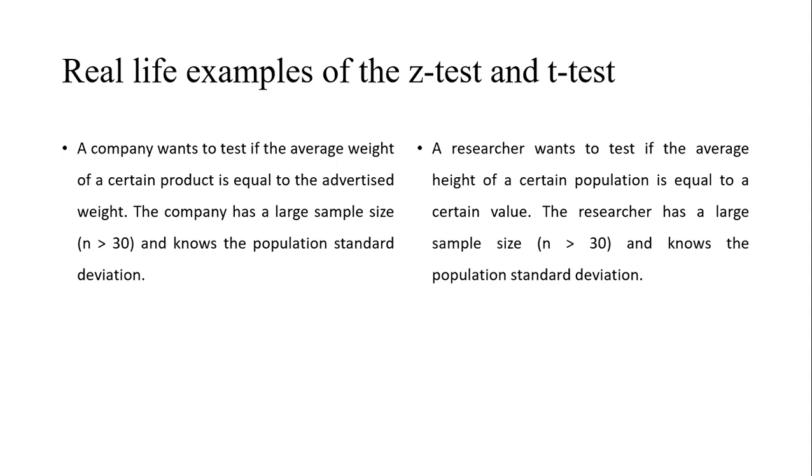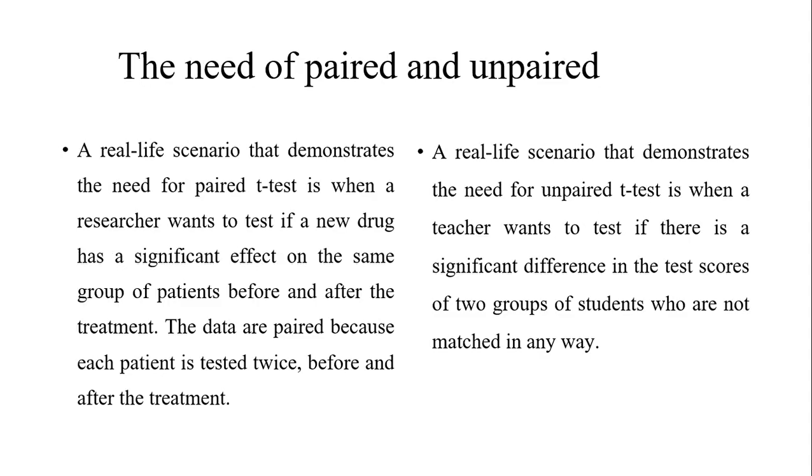And if a researcher wants to test if the average height of a certain population is equal to a certain value, and the researcher has a large sample size greater than 30 and knows the population standard deviation, they also use a Z test.